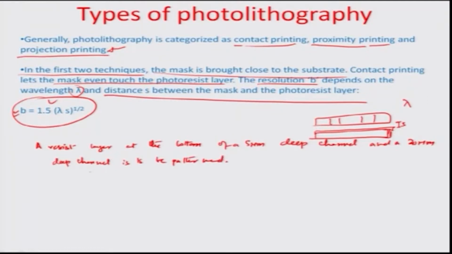The photoresist is exposed to UV light of 400 nanometer wavelength.